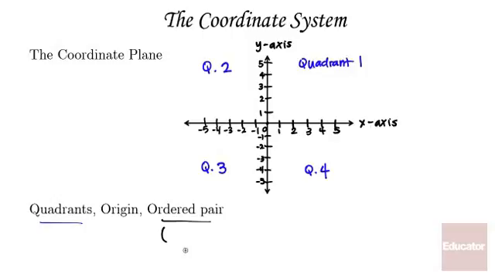The first number is your x number, called the x-coordinate. And then the second number is your y-coordinate. It's always going to be x and then y. X always has to come first. So x comma y for short. That is going to be your ordered pair, and it maps out your location on the coordinate plane.